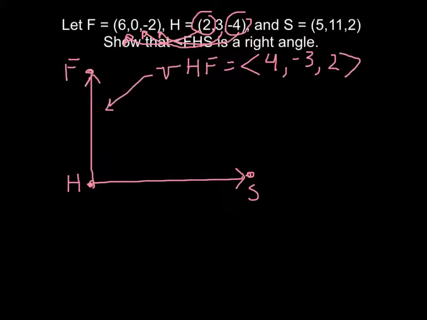So let's do the vector HS now. What would the components of that vector be? It would be 3. What else, Connor? 3 to 11 and 8. 8. And the last component? That'd be 6, because you're going from negative 4 to positive 2.